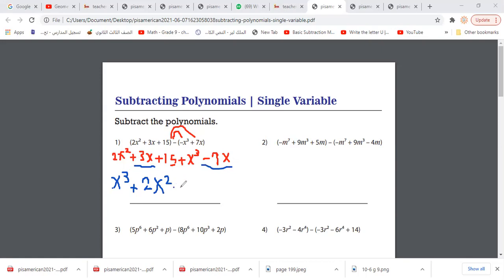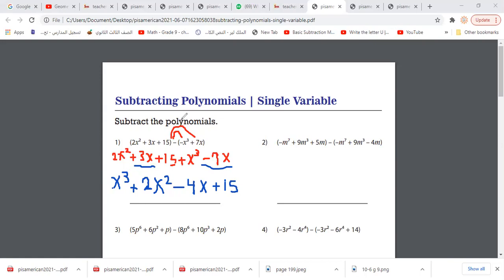It will be negative 4x. And by the end, we have 15. We don't have like terms anymore, then we will stop, and it will be the final answer for the question.